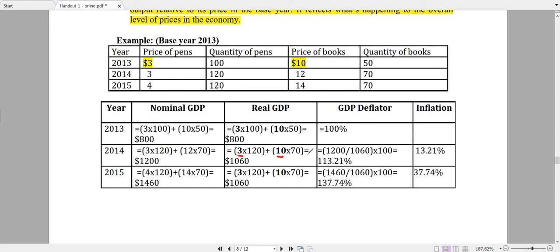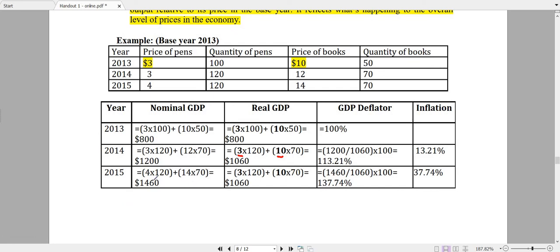So you can work this out. Real GDP turns out to be $1,060. So GDP deflator will be the nominal GDP for this year divided by the real GDP for this year, which gives me 113.21%. Likewise, you can compute the GDP deflator for the next year, which is 2015.